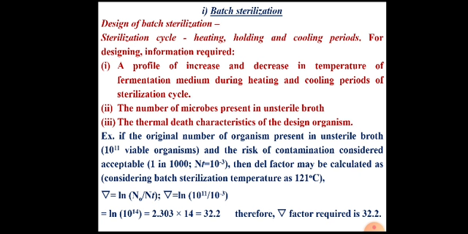So 2.303 into 14, the value will be 32.2. This is how we have calculated the overall Del factor required, 32.2, to kill 10 raised to 11 viable cells.